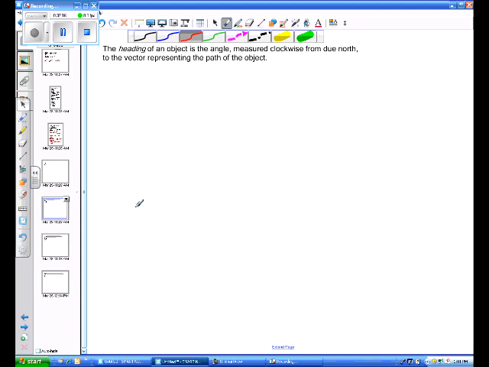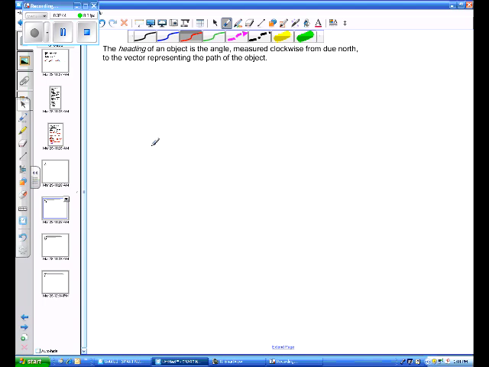Now we've looked at how to do directions other ways using your north-south and your east-west line, where you go north 20 degrees toward the east or north 50 degrees toward the west. This is another type that's used a lot by pilots for navigation because they're using their magnetic compass that points to north, and then they can rotate around 360 degrees.